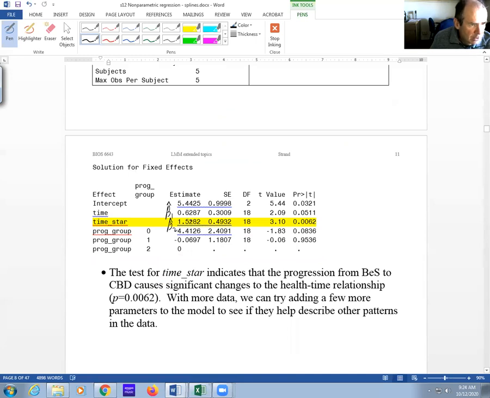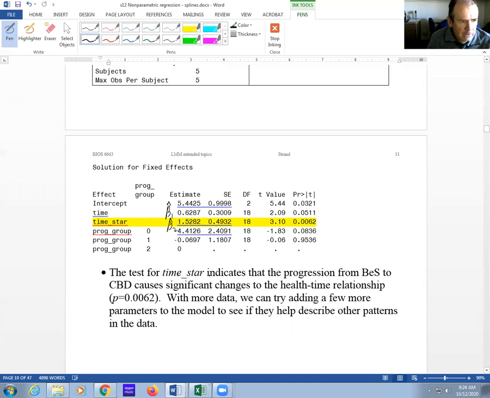So the actual total slope is going to be that sum, but the change from the initial slope is the 1.528, and it's significant. So the progression becomes worse once they are diagnosed with CBD.